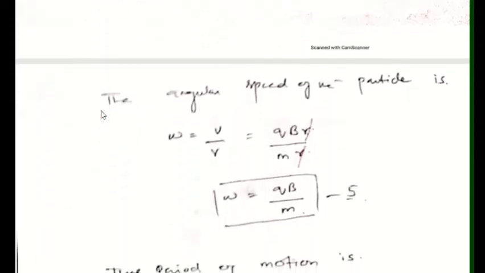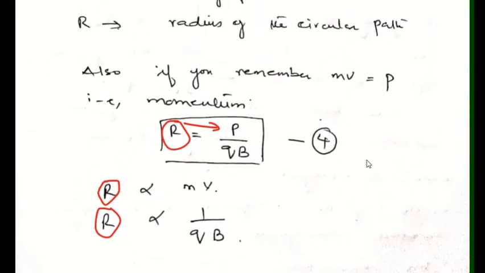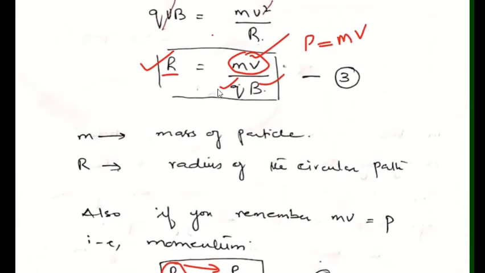From here we can also find the angular speed of the particle, and we know that angular speed is omega equals v over r. From this equation over here, we can find v, that is v equals qBr divided by m.